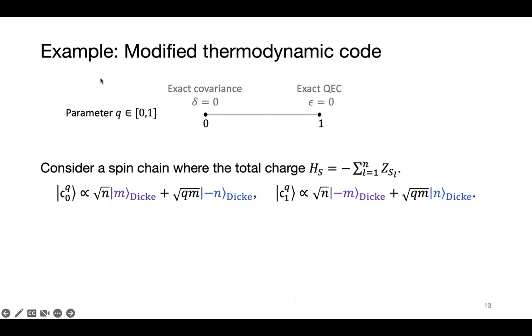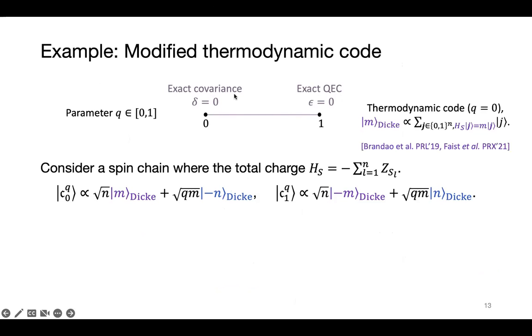The second example is called the modified thermodynamic code, and it is a family of codes that interpolate between exact covariant code and exact error correcting code. At the exact covariance end, when we take this parameter Q to be 0, we have the exact thermodynamic code. It is given by the decay state of a spin chain.